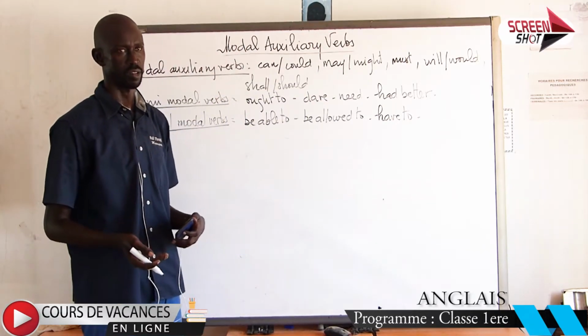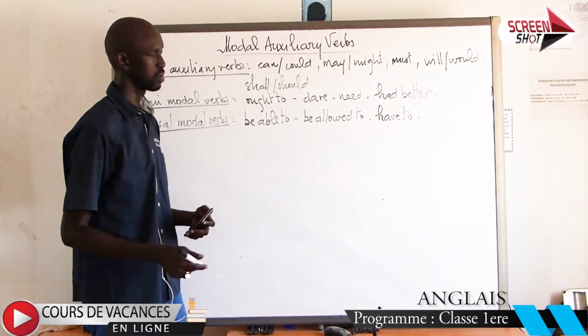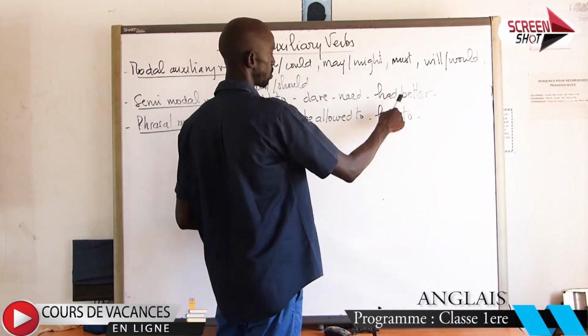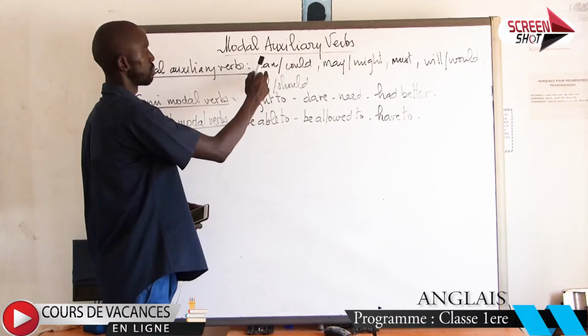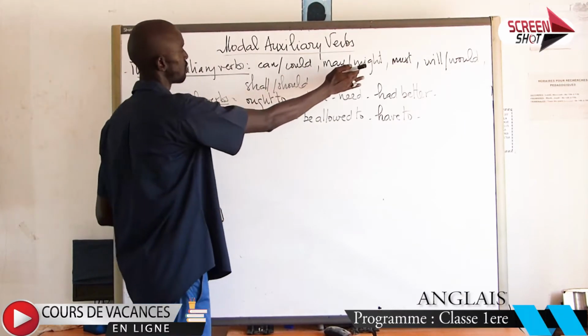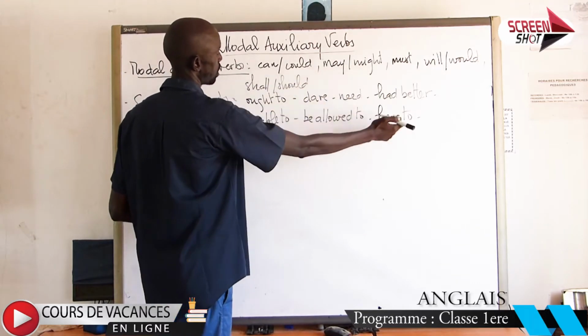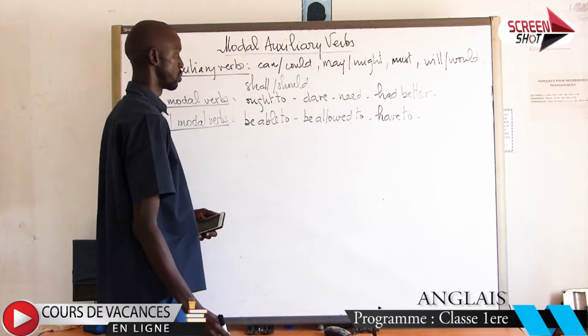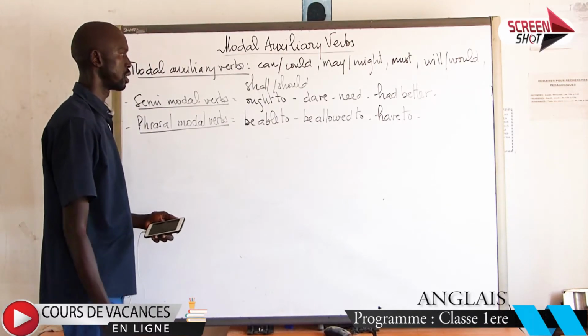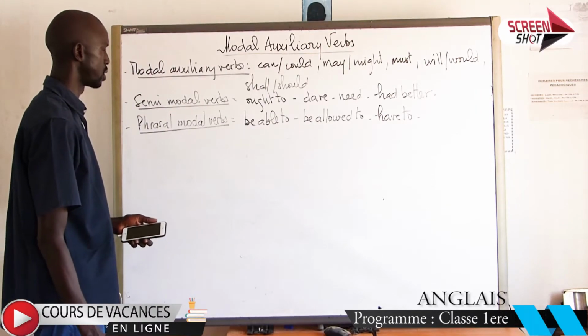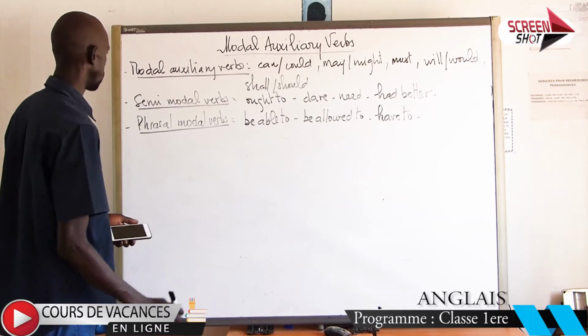If you want to turn it into the past or the other tenses, we use the equivalent of must, which is have to. It will be had to. But can, the past is could. May, the past is might. If you have must, the past will be had to. So there we have what we call the phrasal modal verbs.